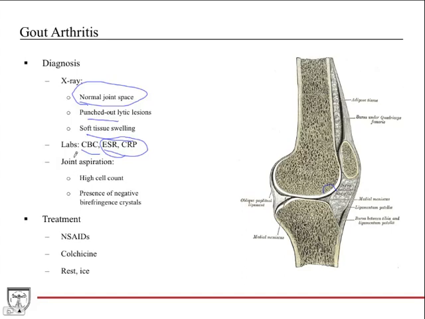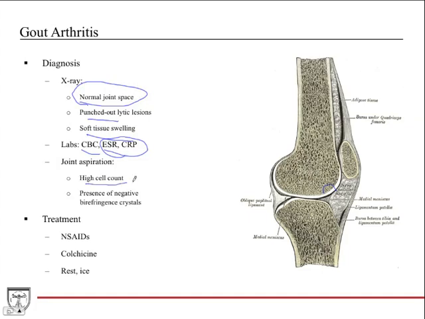But the big thing here with gout is you're going to do a joint aspiration. Now, just because they did a joint aspiration doesn't mean it was gout. You can do joint aspiration for osteoarthritis as well, rheumatoid arthritis as well, or other, especially in septic knee, which we'll talk about here in a couple slides. Just want you to be aware that joint aspiration just doesn't mean that it's gout, but it is the main way you diagnose gouty arthritis.